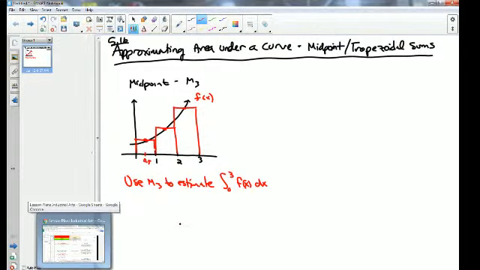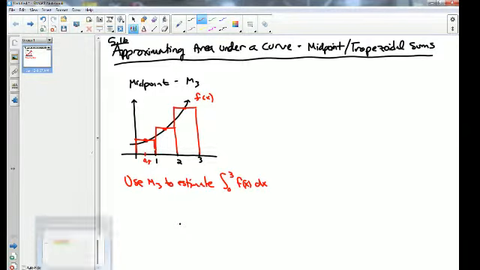We cannot tell, actually. I will not ask you if this is an over or underestimate because it's too close to call.